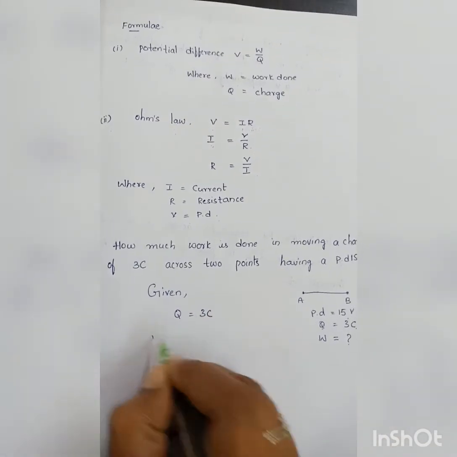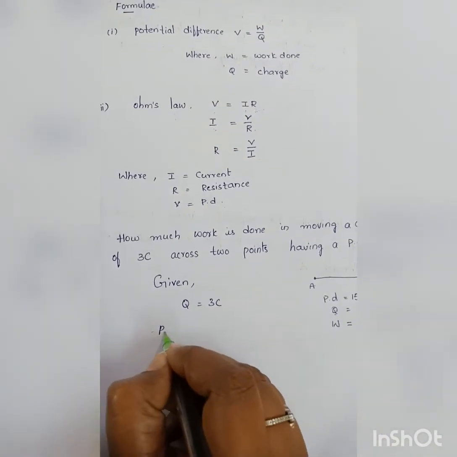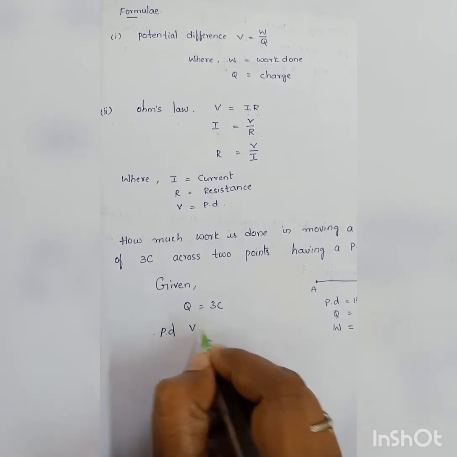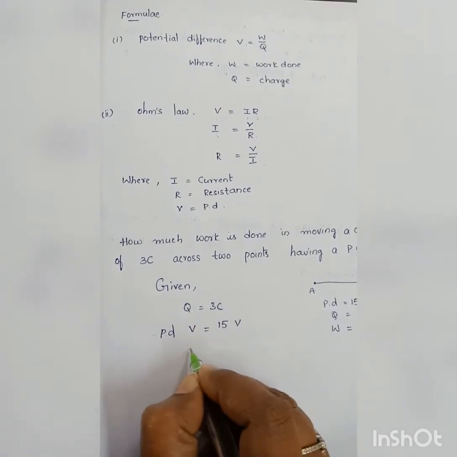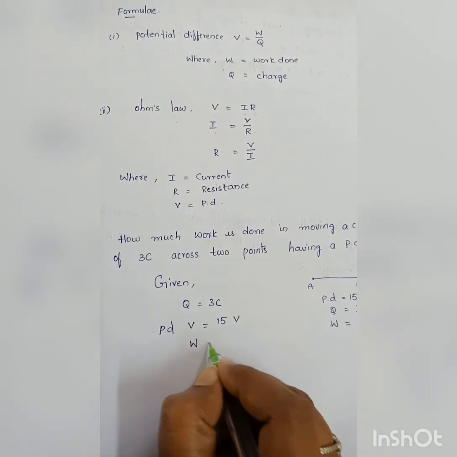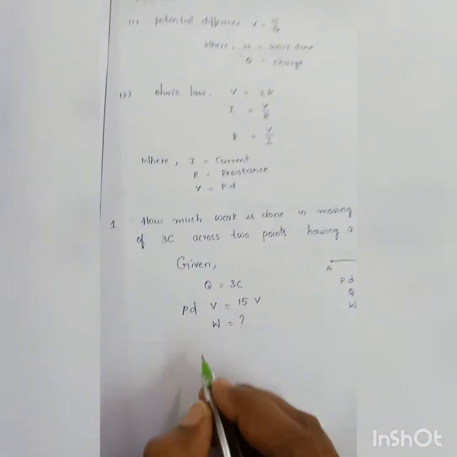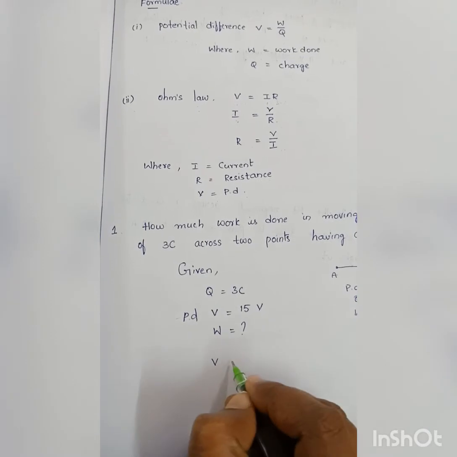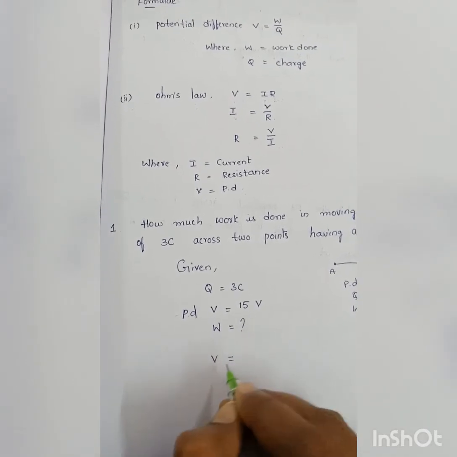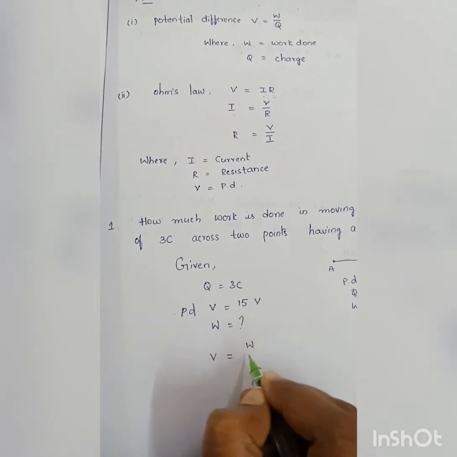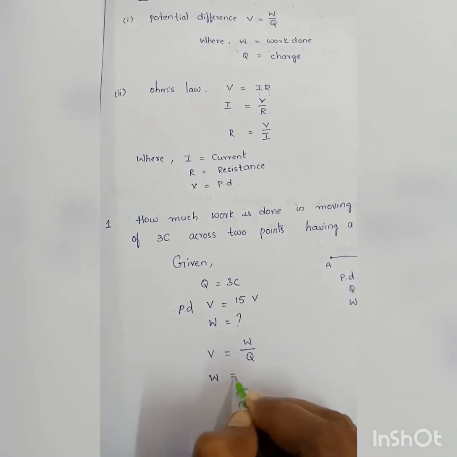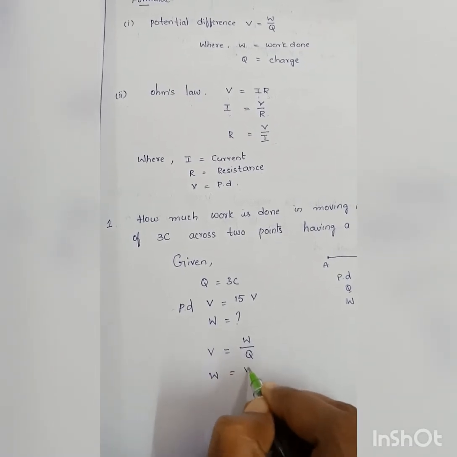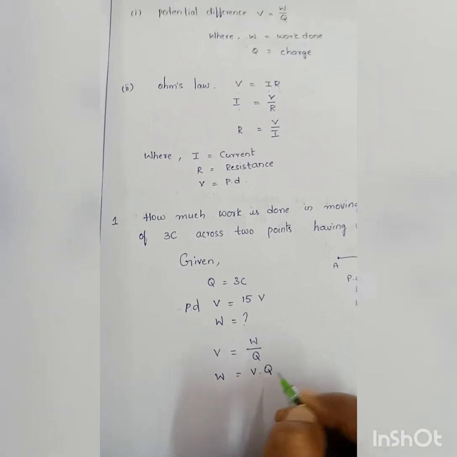Next, potential difference V equal to 15 volts, and work done W we need to calculate. Now what is the formula? We know that V equal to W by Q, and W equal to cross multiply V and Q, that is V into Q.